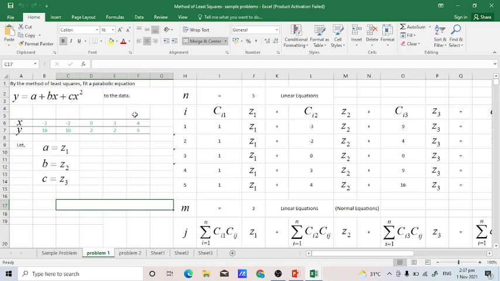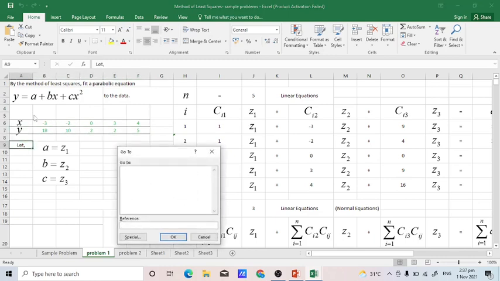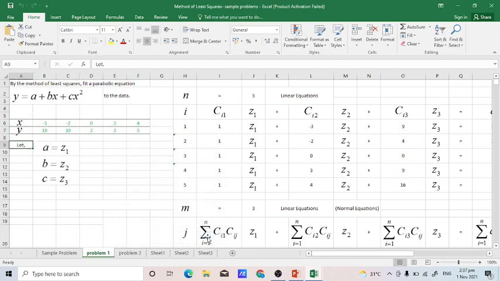Okay, so ito yung example natin. By the method of least squares with a parabolic equation, y equals a plus bx plus cx squared to the data. So ito yung mga points. Tapos ito yung a. So ganyan yung gagawin nyo, class. No?